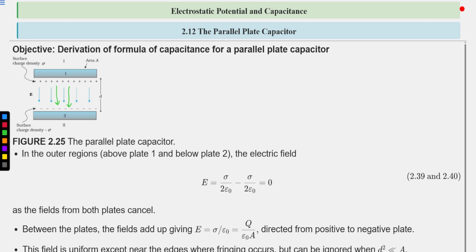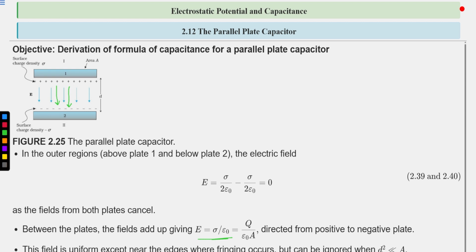What it will become? Sigma by epsilon naught. They sum up because they are in same direction. So it will become sigma by epsilon naught.